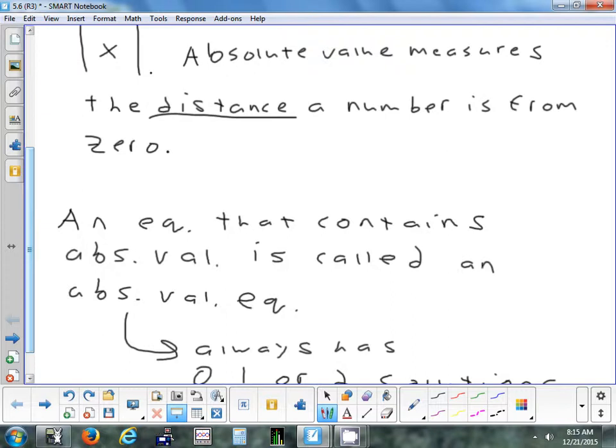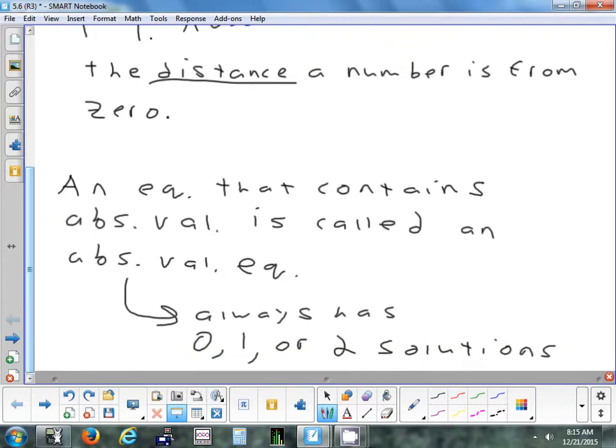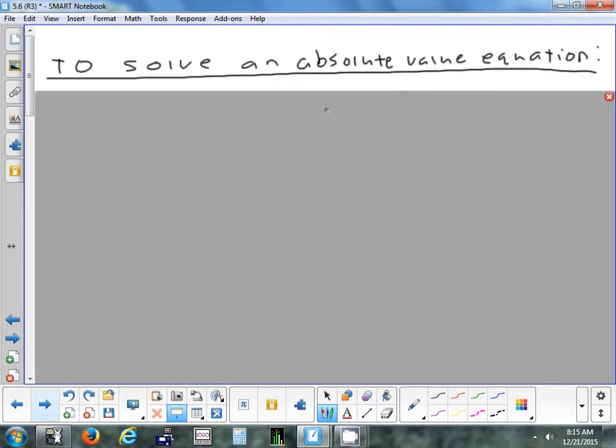Up to 2. Doesn't mean it's always going to have 2. I showed you one that only had 1. What number did I put in the absolute value that only had one answer? 0. And when I set it equal to a negative, Caitlin said you can't do that. So these are your 3 cases with absolute value: you get 0, 1, or 2 solutions.